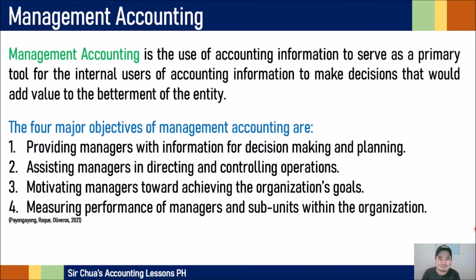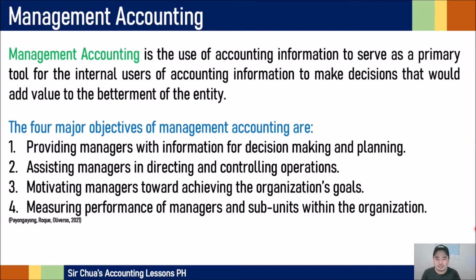You lead them with that, okay? And then controlling, you also have some things in mind. You have targets, you have benchmarks, and then you compare it with actual operations and you can do variance analysis, okay? Motivating managers toward achieving organization's goals, okay, and measuring performance of managers and subunits within the organization.